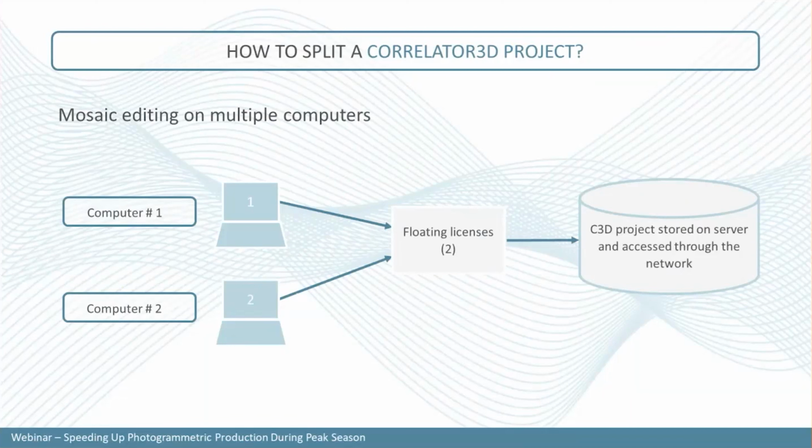Also, I can announce that in our next version, which is going to be ConvertEO 3D version 9, we will introduce distributed processing. So from one computer, you will be able to directly launch some of the modules, so tie points, DSM generation, and ortho generation.